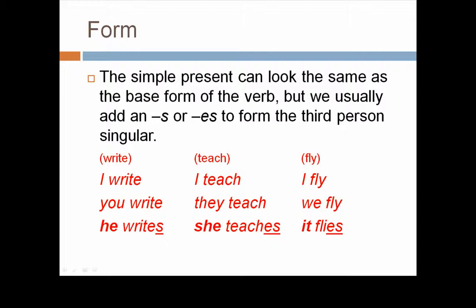And we add that es ending when the final consonant sound is a hissing sound or a sound with friction, like ch, sh, x, z, th. And our final example, fly. I fly, we fly, it flies. We change a y to an i when that y follows a consonant. The y changes to an i and then we add es.